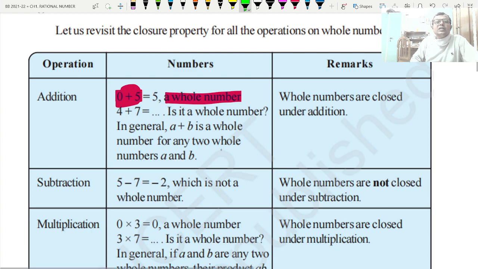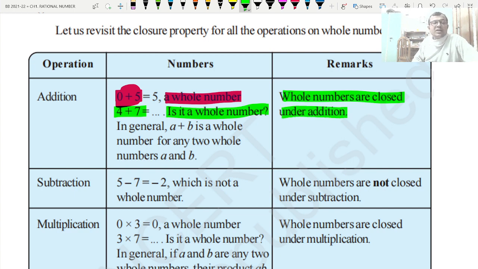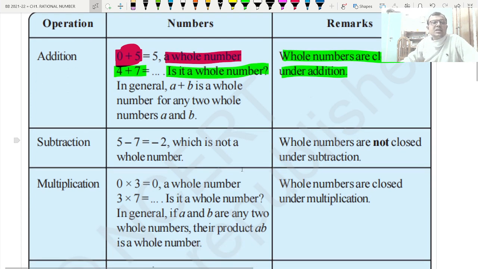You take another two whole numbers, the answer is also a whole number. So if a and b are any two whole numbers, their sum is also a whole number. So, whole numbers are closed under addition. If the sum of any two whole numbers is again a whole number, then it is said to be closed under addition.